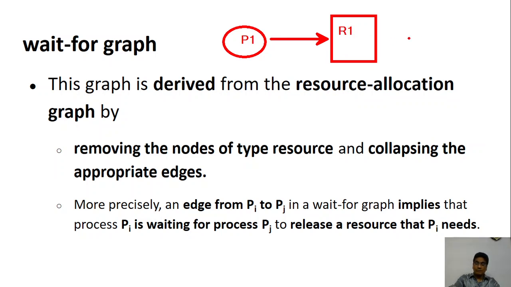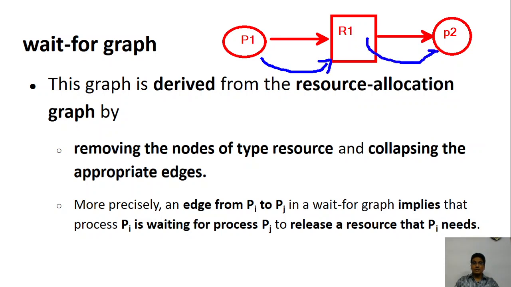Suppose you have one other arrow here and one other process on the other side, say this is P2. What is the meaning of this? It means process P1 is making a request for a resource R1, which is already allotted to the process P2. So process P1 is making a request, give me that resource, but that resource has already been given to somebody else.